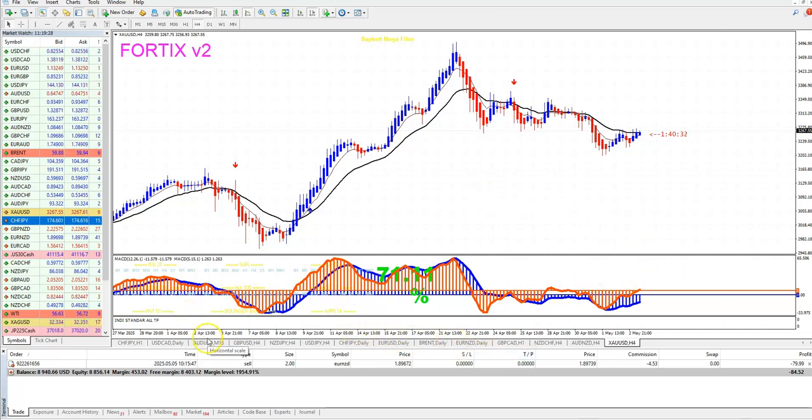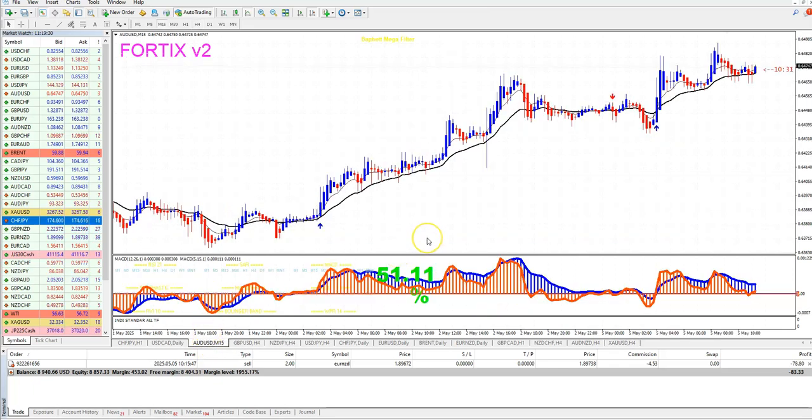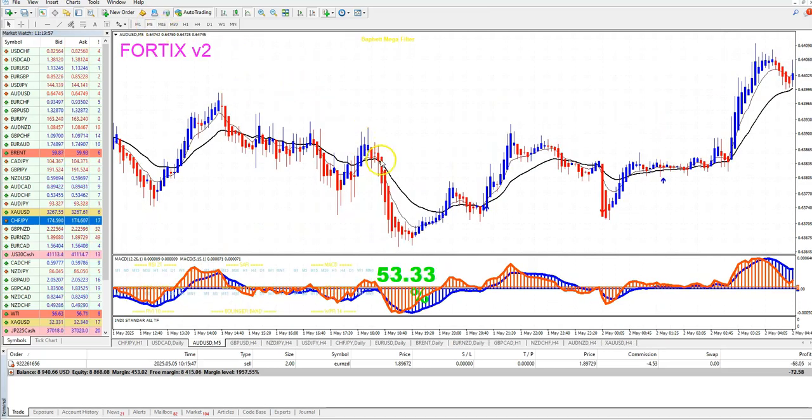You can use it on a smaller time frame for scalping, like here or like here. But I prefer, even you can trade binary here. Here on 5 minutes you will take 4 candle expiry, 1, 2, 3, 4, so 20 minutes.